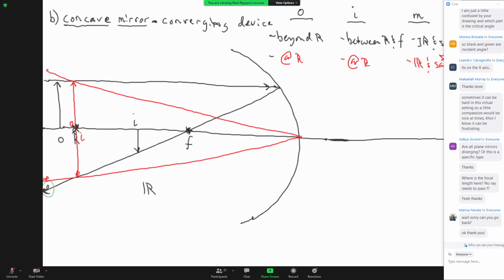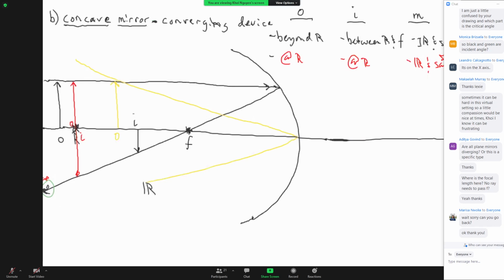Now, if we move continually inwards, we're going to erase these two rays. We move inwards. Say here's our object. Two rays we're going to draw. So you notice that your image is going to be somewhere back here. Sorry, my bad.